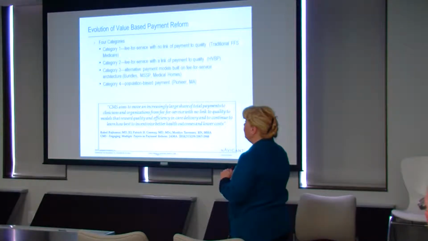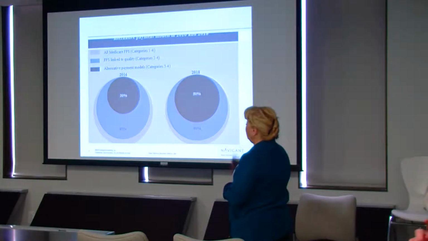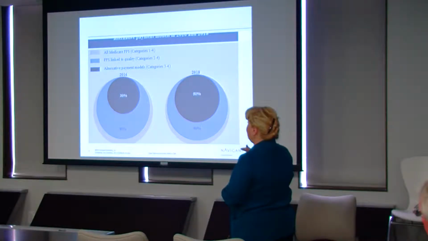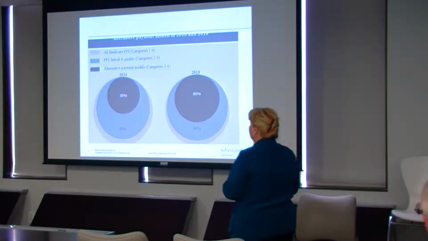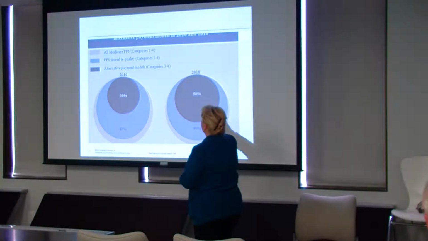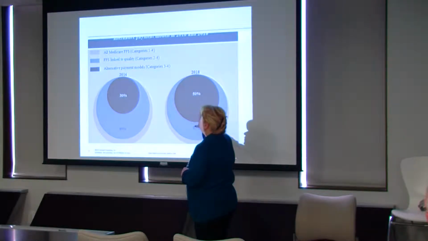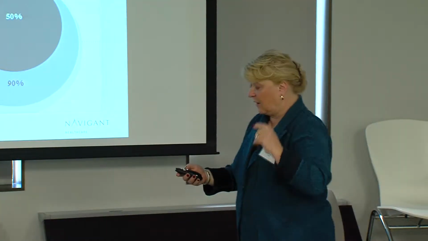Category 3 are bundles of medical homes, and Category 4 are population-based capitated payments like Medicare Advantage. And then you saw the slide earlier today with Dr. Sinopoli in which he talked about how in January, HHS announced that they want to move by 2018 50% of the payments to be in categories 3 and 4, which is bundle payments and ACOs.